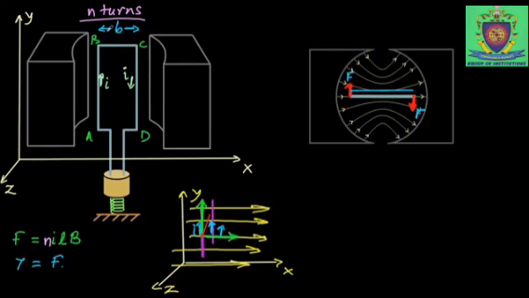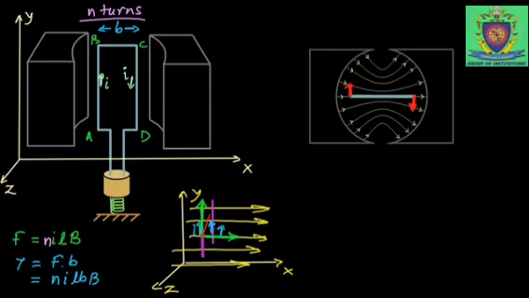The forces act in opposite directions, so they are separated by the distance b. So I will write torque as F into b. Now let us substitute the F value, that is NILB.